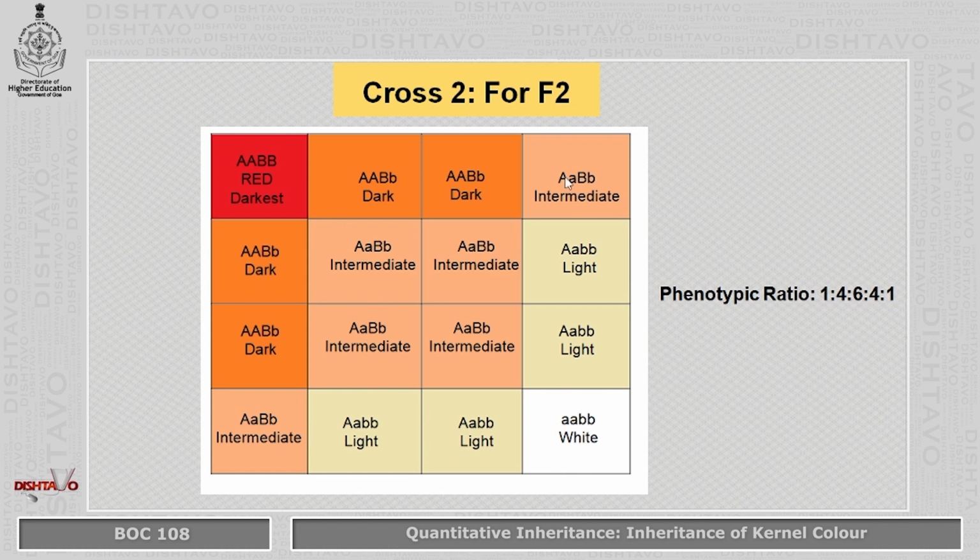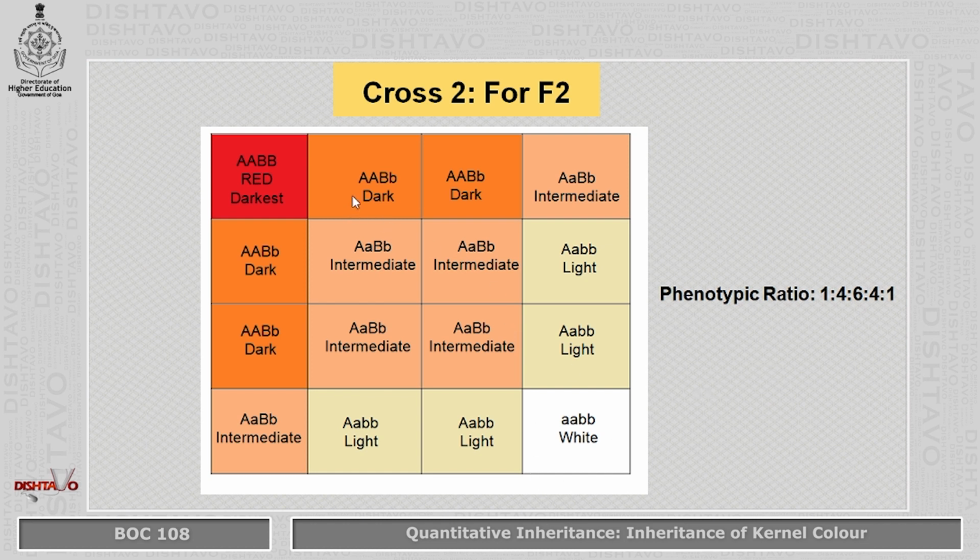So, if you put these into a ratio, the ratio of the phenotypes becomes 1:4:6:4:1, where 1 is the darkest red, 4 is the dark red, 6 is the intermediate red. Again, the next 4 is the light red, and the last one is the white.